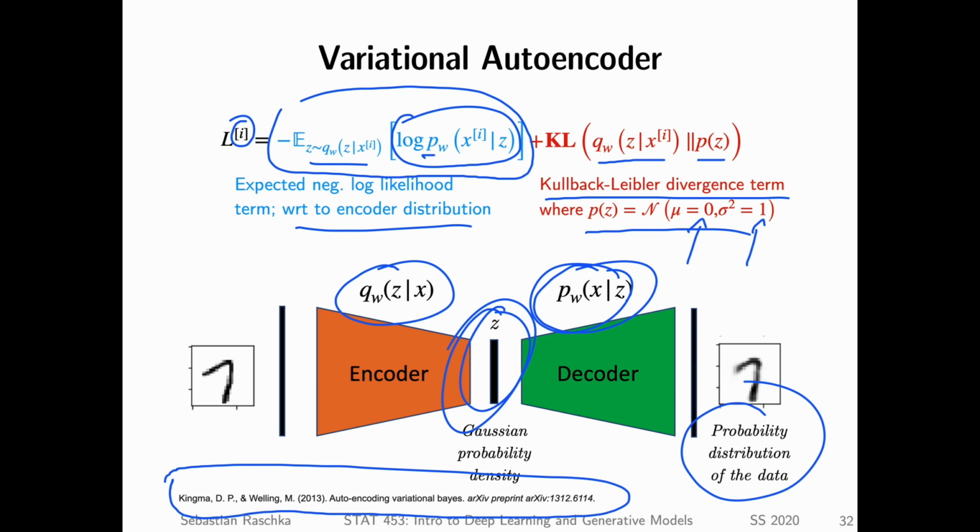We can't really backpropagate through probability distributions. So there's a trick: in practice there would actually be 2 vectors, one mean vector and one variance vector or standard deviation vector.